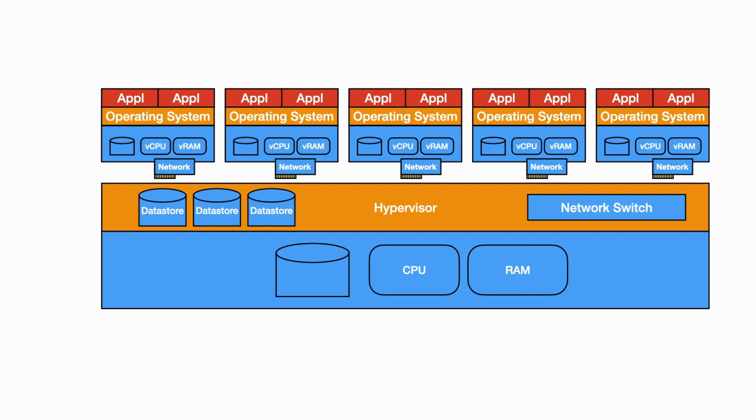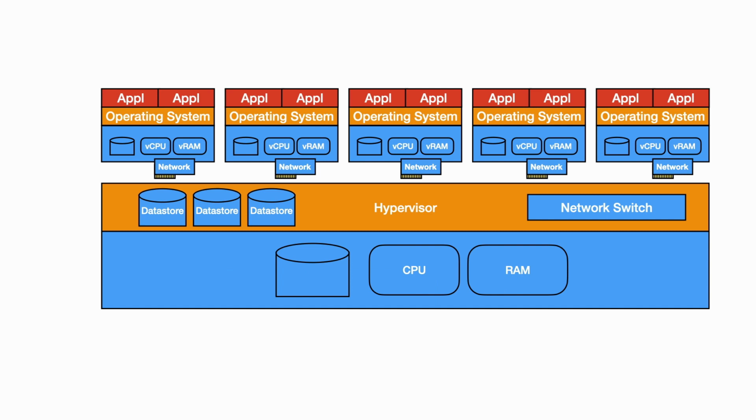So we can present a network to the hypervisor with various VLANs, and in the hypervisor network switch, we can take one of those VLANs and present that VLAN and that disk to the virtual machine. The virtual machine sitting on top of the hypervisor makes no distinction whether it's running in a virtual environment or physical hardware, and sees disk, CPU, memory, and network as if it would be on physical hardware.